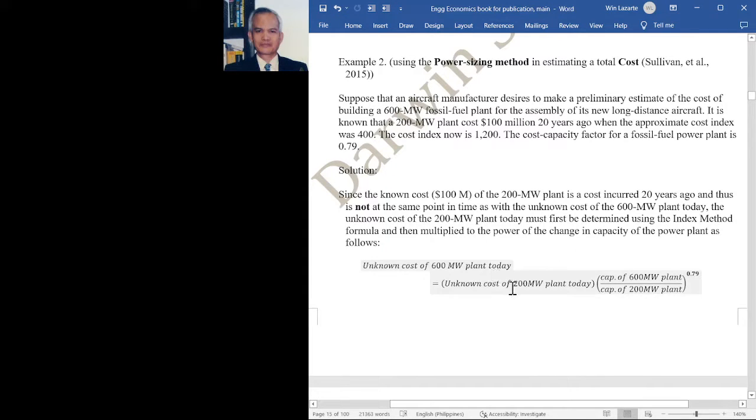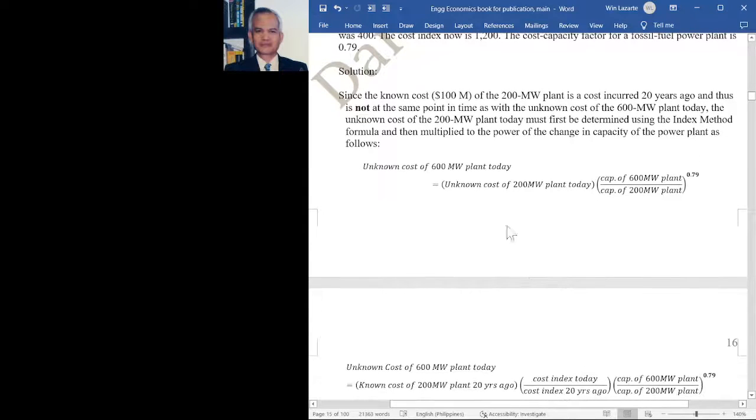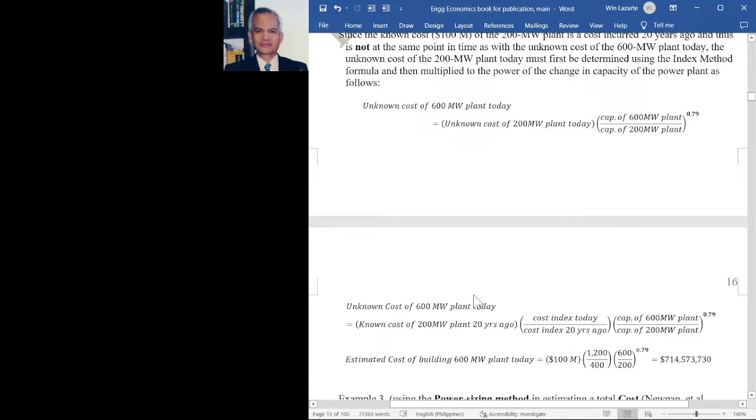So, the unknown cost of the 200 megawatt plant today, and the formula for this using the index method formula is this.